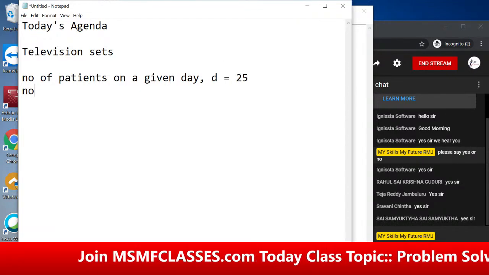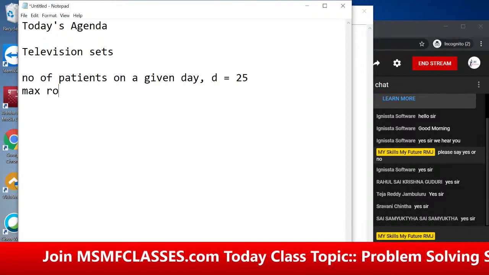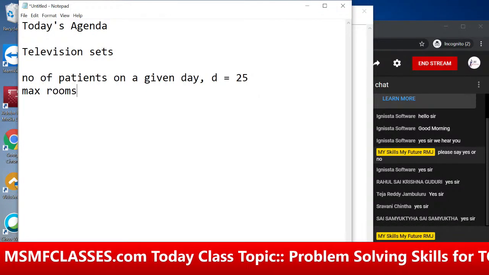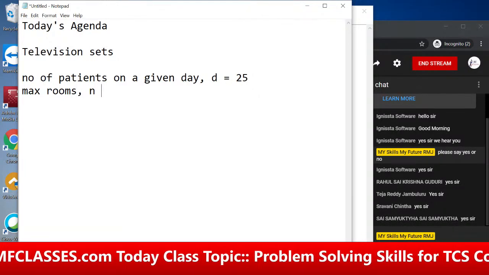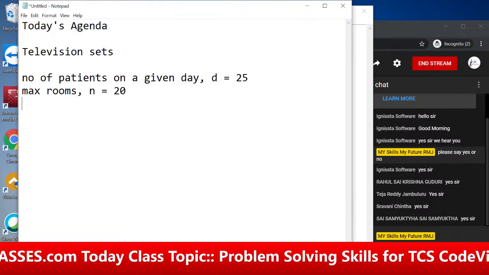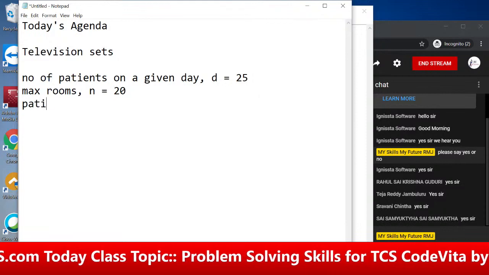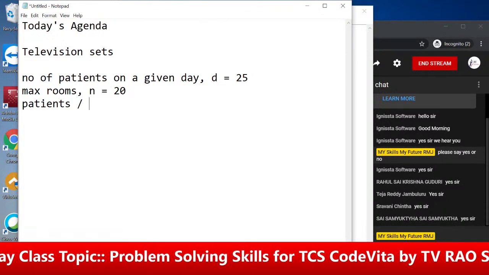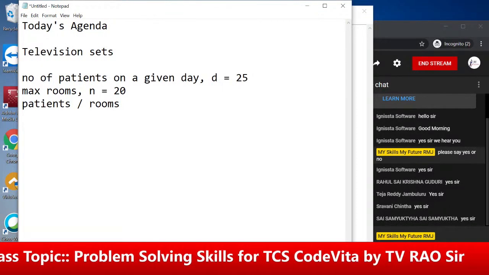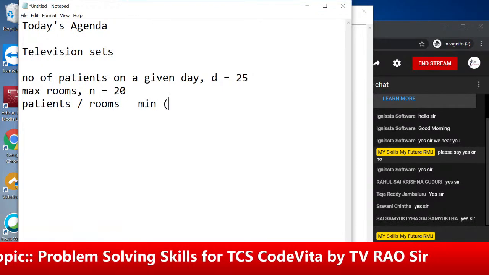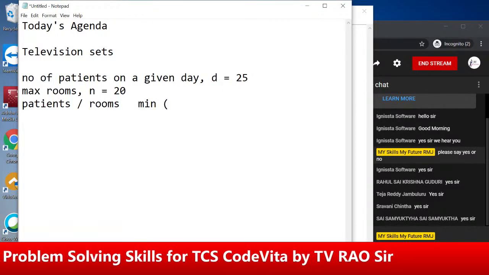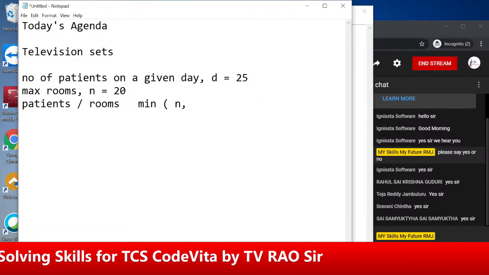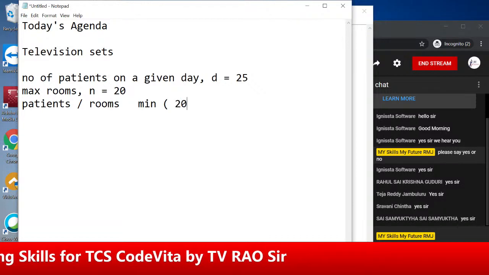Maximum rooms n is 20. So how many patients we can take? Or how many rooms are occupied? Minimum of number of rooms and number of patients. Okay.